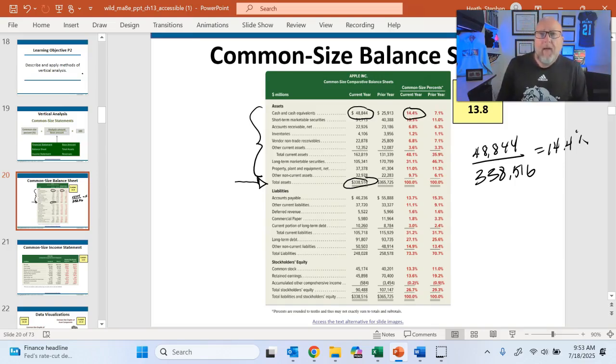And then we can go do the same thing. Total current assets, right? All of my current assets are about 48% of total assets. And then I could do the same thing for all of my liabilities, all of my equity, right? It could be the case that you're presenting it as a total liabilities and stockholders' equity. There's no reason why you couldn't show accounts payable as a percentage of total liabilities.